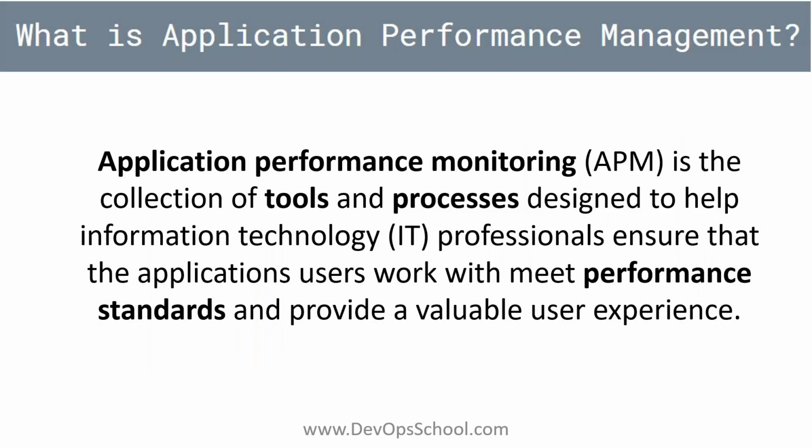APM is basically a process and techniques. APM is the collection of tools and processes designed to help you gather the performance metrics and, based on that, help you provide valuable user experiences. That is called APM.